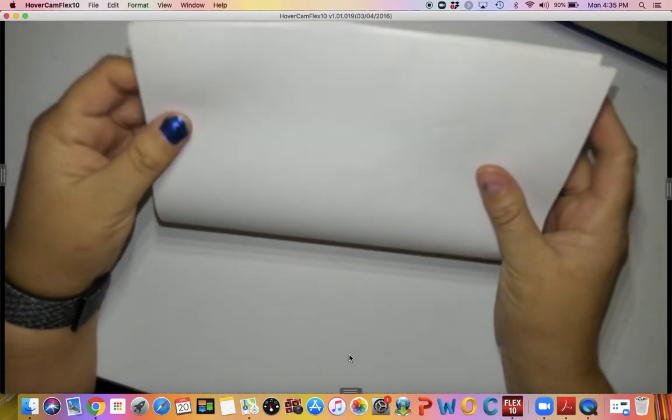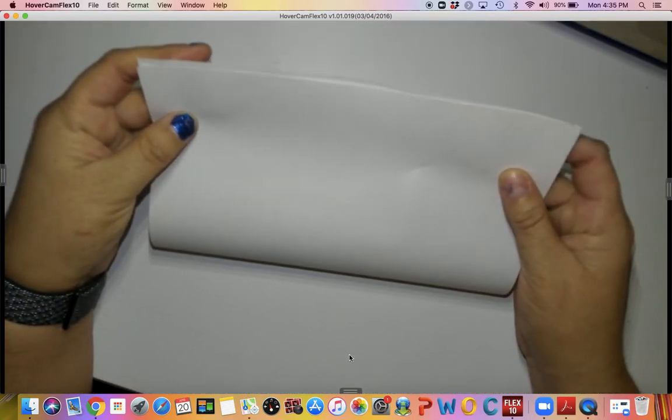Okay, this might be a little bit hard to see because my paper is white and my table is white. So we'll do the best we can. All right, the first thing I'm going to do is fold my paper in half, hamburger style. Okay, so here's what your paper normally looks like. If it's a piece of binder paper, your holes are on this side. 1, 2, 3.